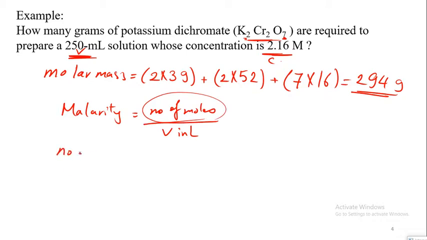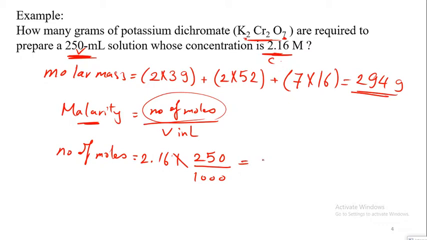So the number of moles would be equal to my molarity, which is 2.16, multiplied by the volume, which has to be in liters, so it is 250 divided by 1000. If I calculate that, it would be equal to 0.54 moles.